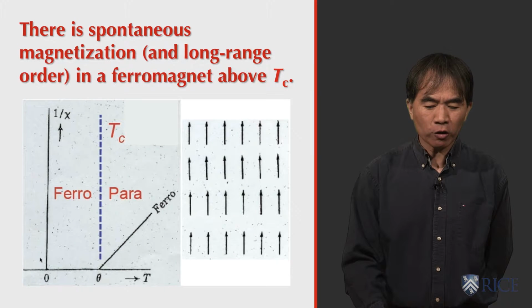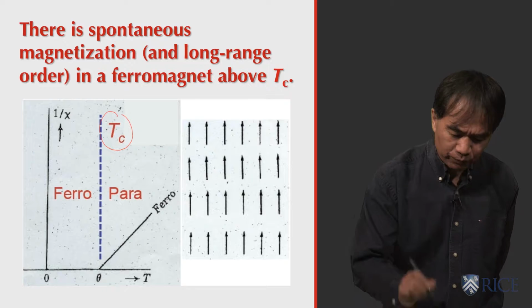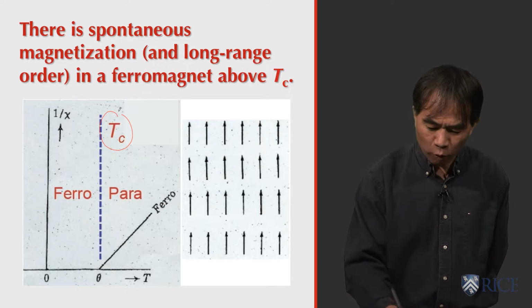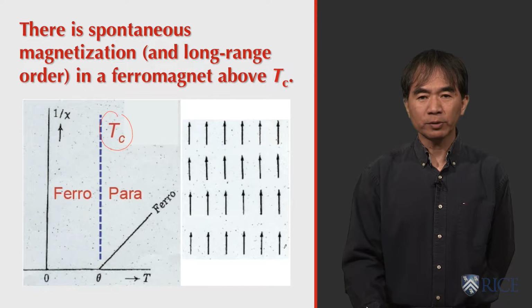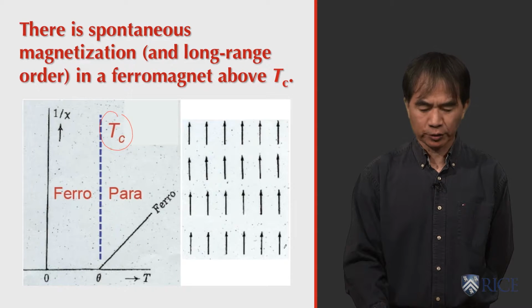And in the case of a ferromagnet, on the other hand, as I mentioned earlier, the system actually orders below a characteristic temperature, which we call Tc. And this is called the Curie temperature. Below such a temperature, the system actually prefers to have its moments aligned along the same direction. And this is what we call a ferromagnetic long-range ordered system.